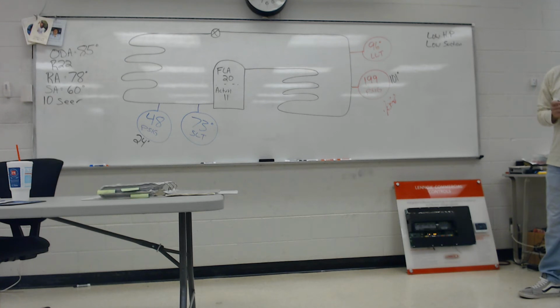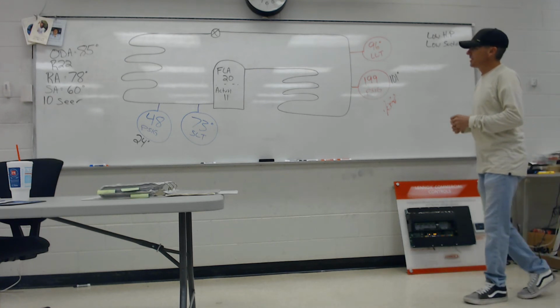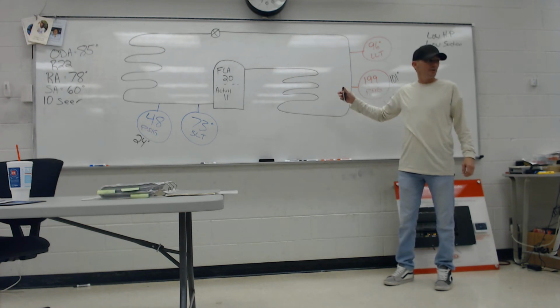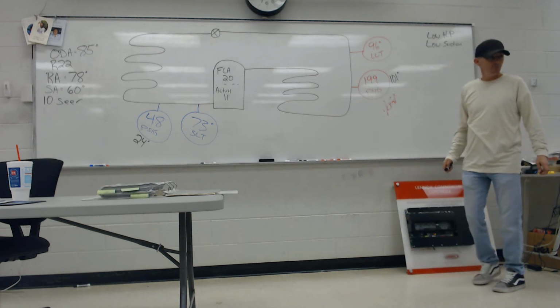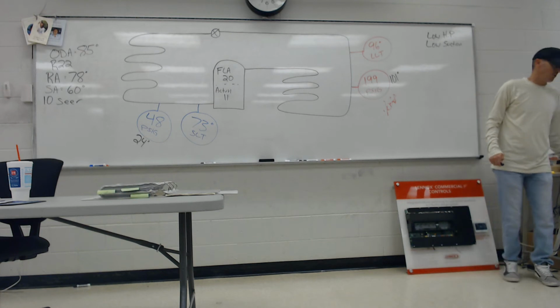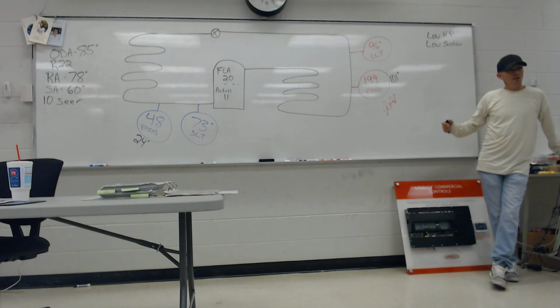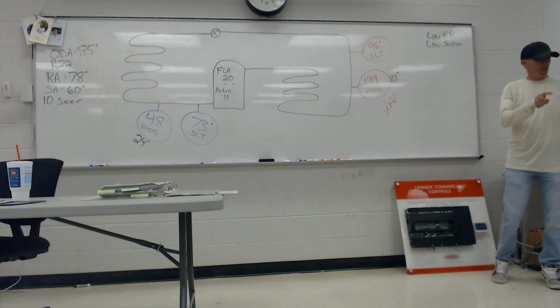Let's keep going. Is my condenser normal, starved, or flooded? What do we use to determine that? Subcooling, very good. To solve for subcooling, I look at my high side gauge and convert it.